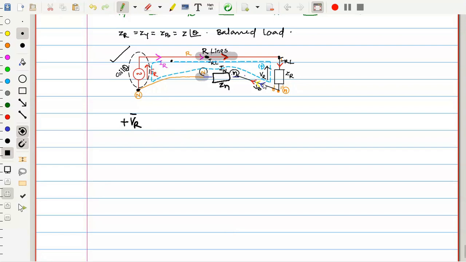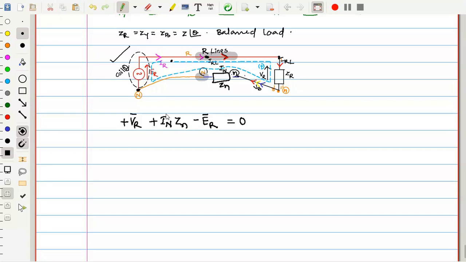Then after VR, you move on through this neutral line, and the neutral current is IN, which is the sum of these currents, obviously IR, IY, IB. So I'll write this as plus IN into Zn, minus ER is equal to 0.